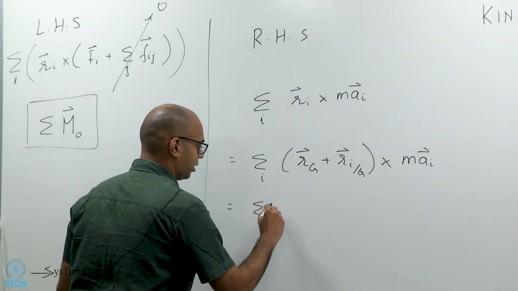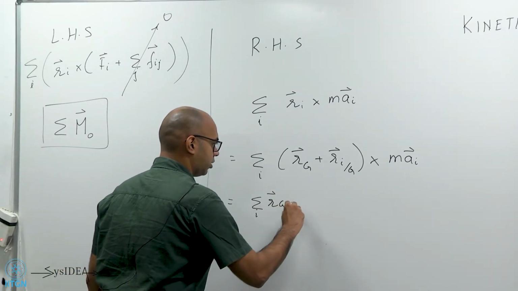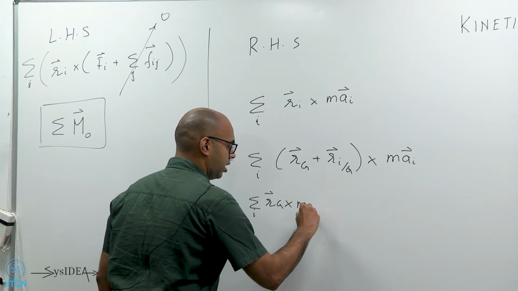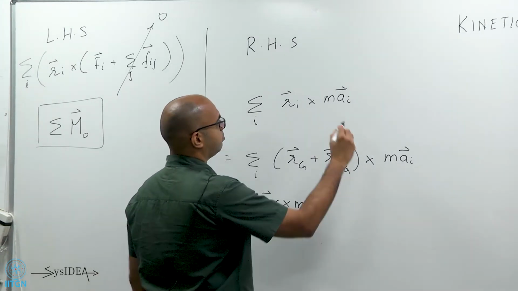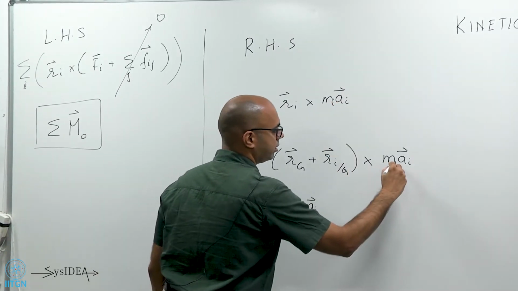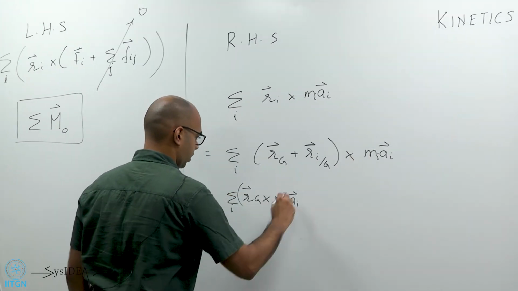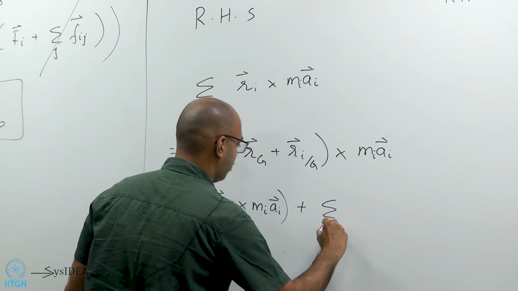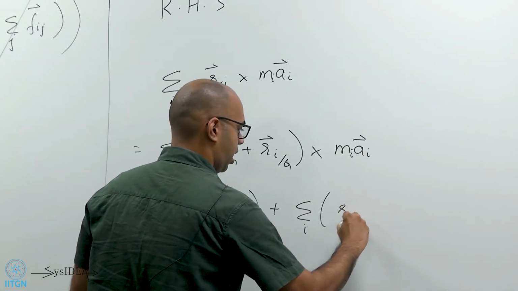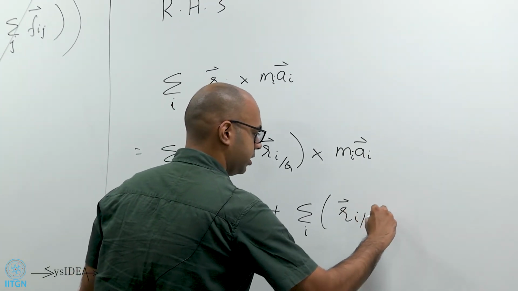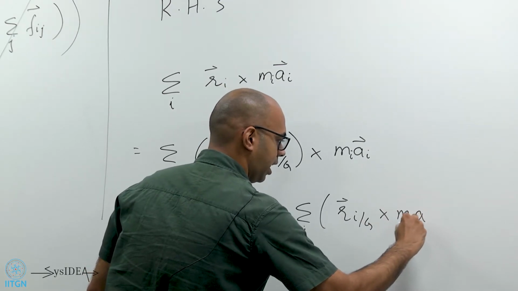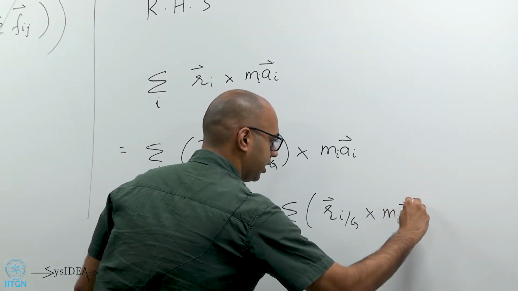And this I write as Rg cross MiAi. By the way, I forgot to put an i here. These should all be Mi, plus sum over i, Rij cross with MiAi.